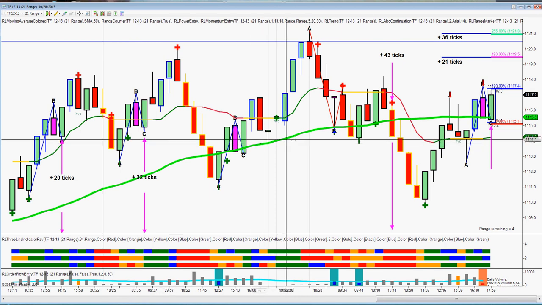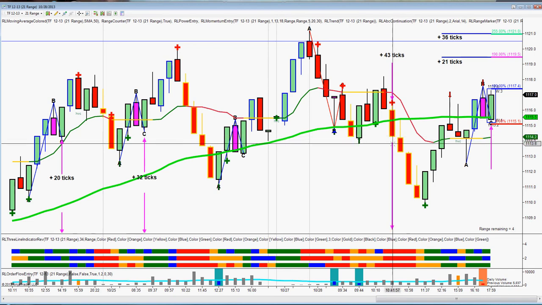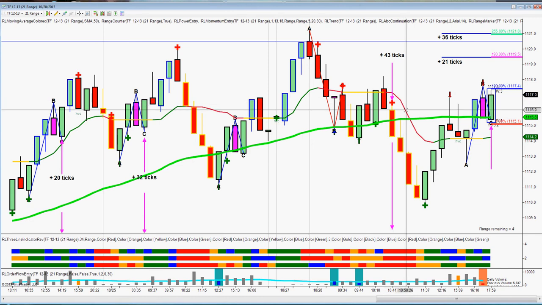Now, we didn't get a similar setup or an entry setup that met the Right Line trading rules until 10:28. And on 10:28, we get a candle that breaks the 50 period moving average to the downside. Now, the Right Line trend line is red and pushing down.